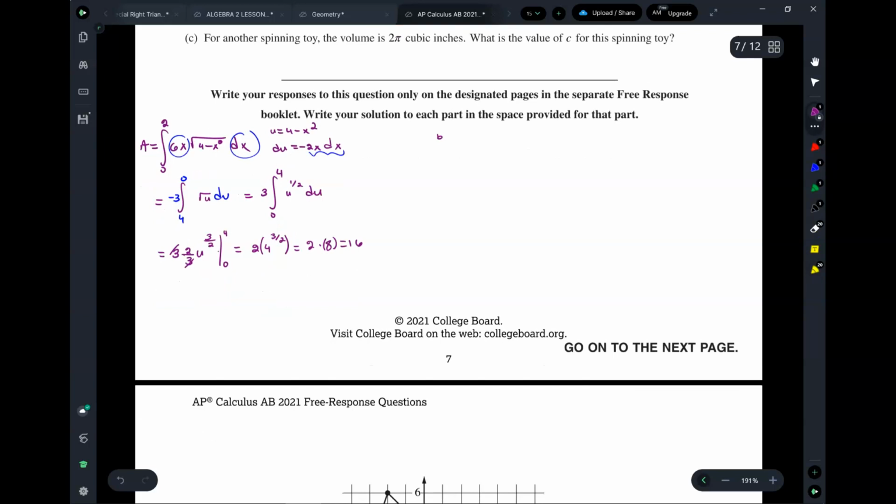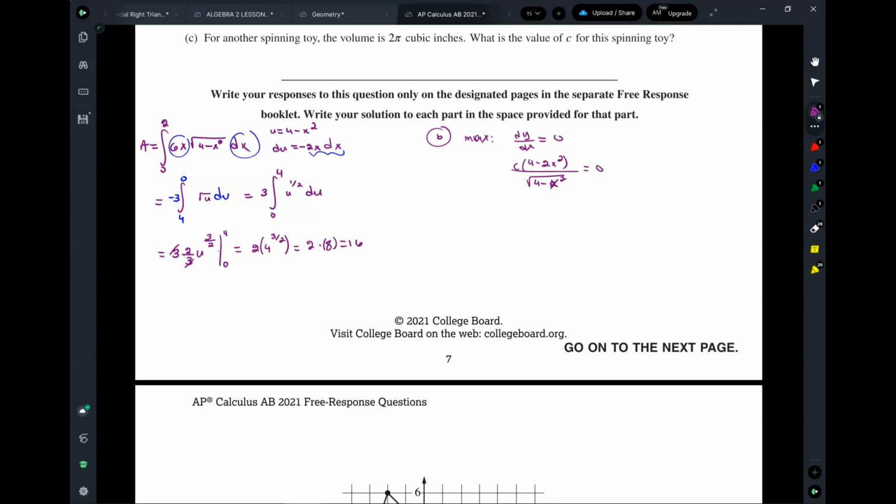This is part B. So to find the maximum, you set dy/dx equal to 0. So c times (4 minus 2x squared) over the square root, oh my God, equal to 0.